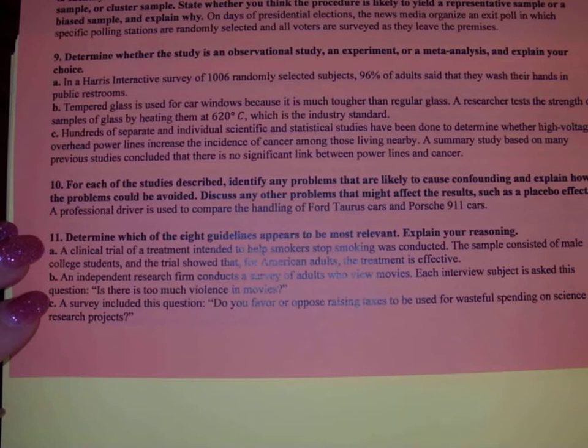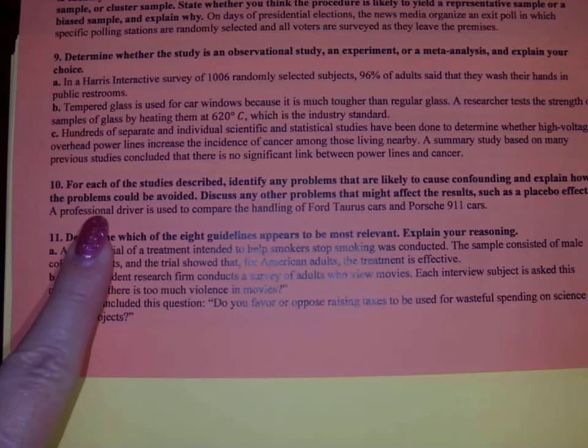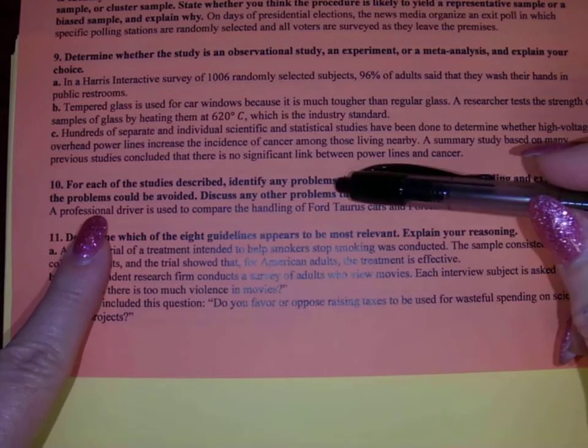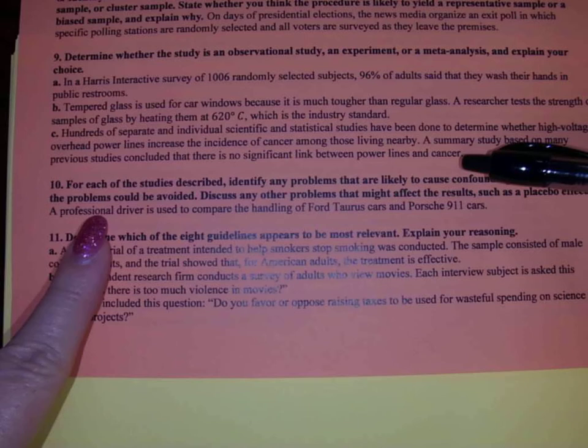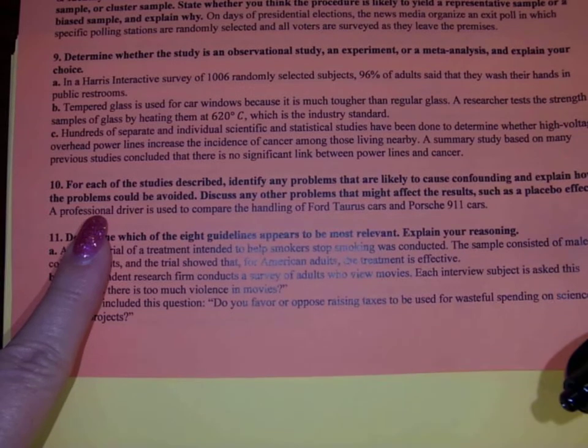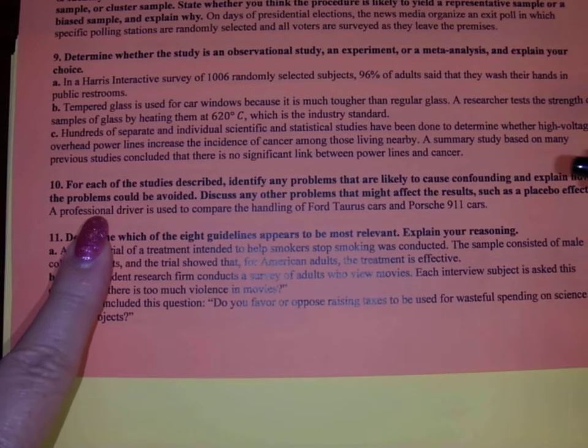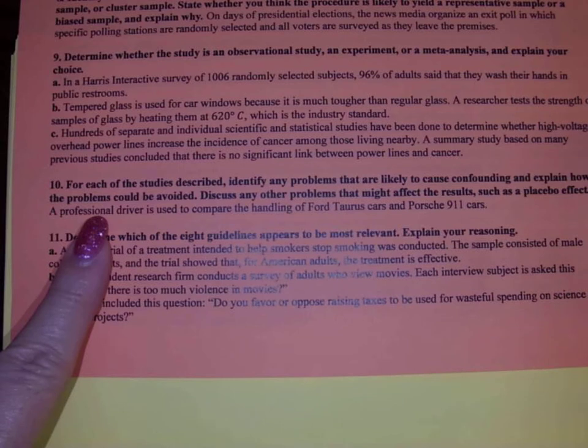So let's talk about this again. A professional driver, not somebody who doesn't know cars at all, but a professional driver who knows what cars are and drives them professionally, is used to compare the handling of the Ford Taurus and the Porsche 911 cars, right? So, do you think the professional driver is going to know the difference between the Ford and the Porsche?